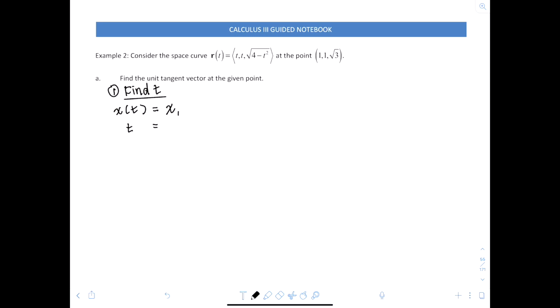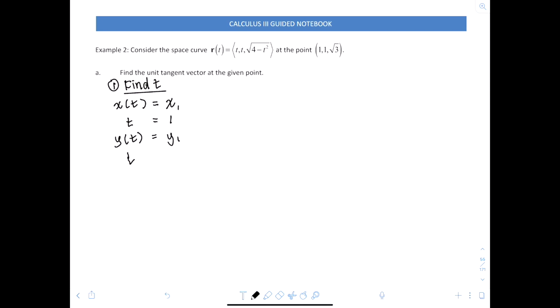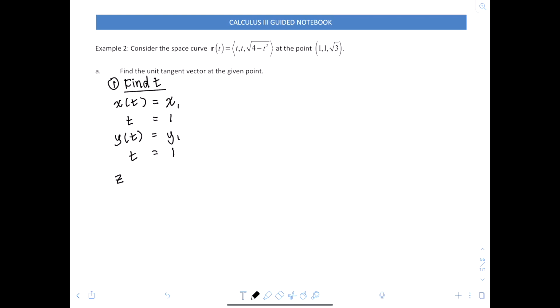And x1 from the point is 1. y at t is equal to y1. And so, again, we just had t equal to 1. And then z at t is equal to the square root of 4 minus t squared. Okay.